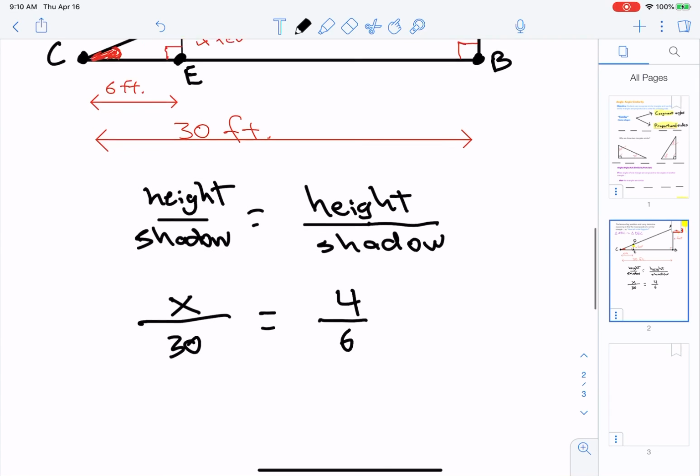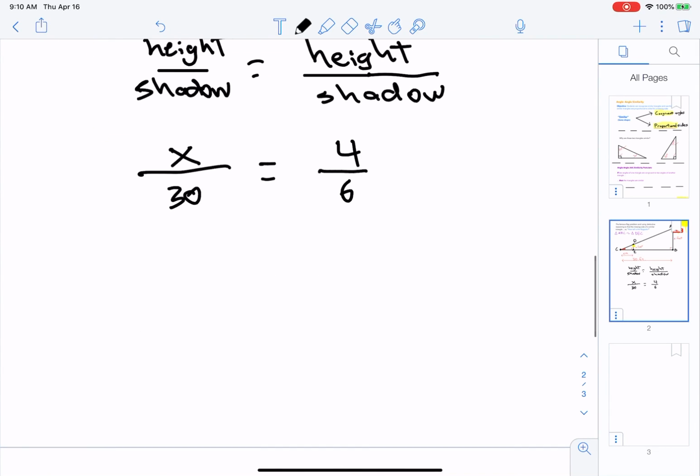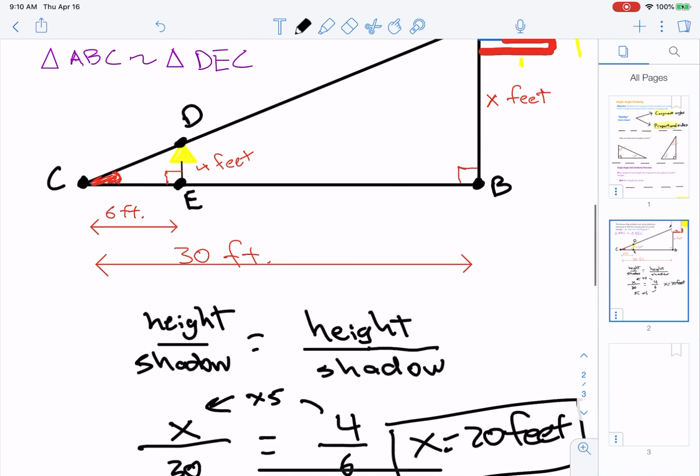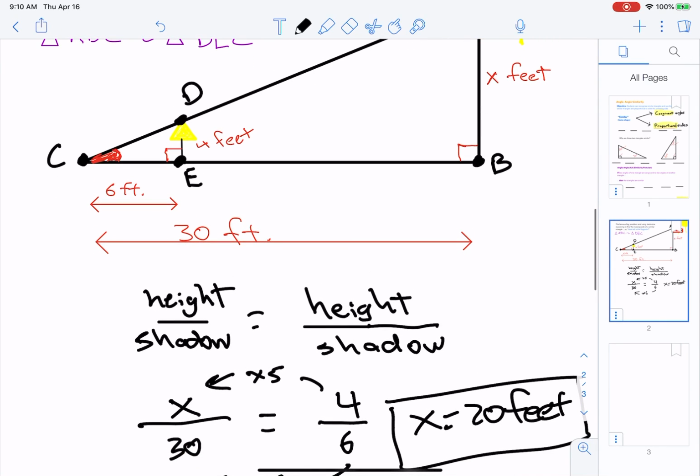We could reduce the fraction, but you might see right here that 6 times 5 makes 30, and so 4 times 5 is 20, and x equals 20 feet. That flagpole is 20 feet tall.